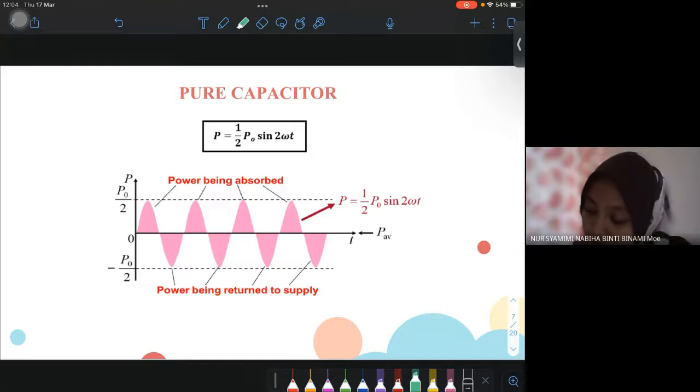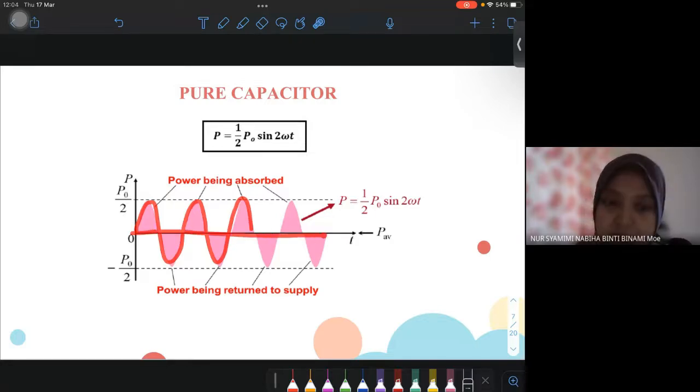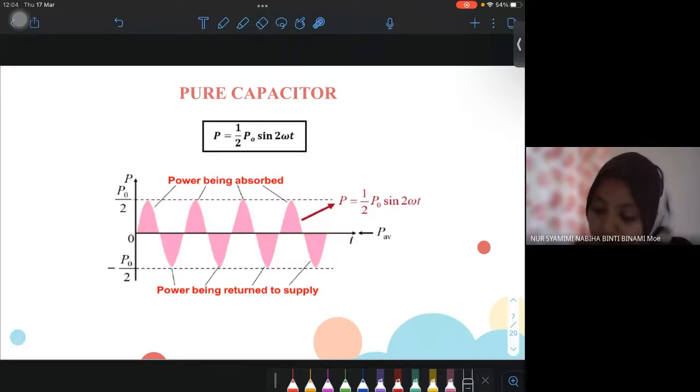So ini dia normal je lah. So dia ialah sine graph. Sebab kosong dia dekat tengah. Kalau resistor tadi, dia dekat bawah.